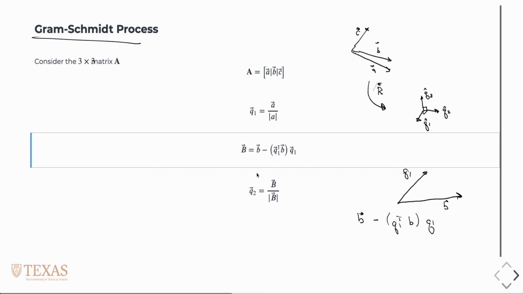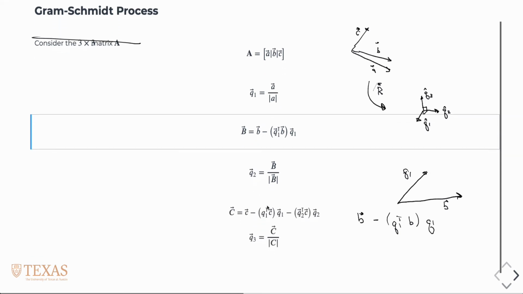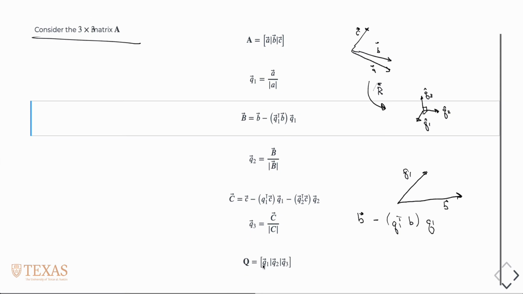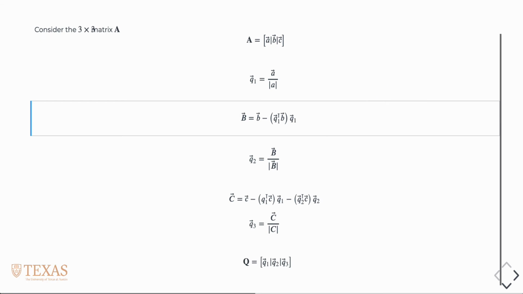Now we have a Q1 and a Q2, and finally we'll do a similar thing with respect to the C direction, subtracting off the component of C in the direction of Q1 and the direction of Q2, labeling that uppercase vector C, and then dividing by its magnitude to define a unit vector Q3. The 3 of these define the orthonormal basis, Q1, Q2, Q3, and we can put that in a matrix form that we'll call Q. Again, this process is called the Gram-Schmidt process.